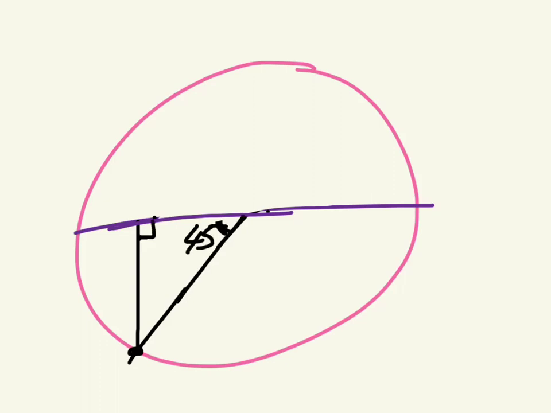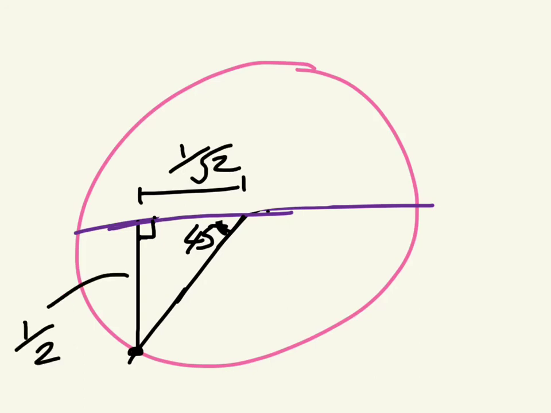So that guy is 45. So, for an angle of 225, the overness is going to be 1 over root 2. And the height is going to be 1 over root 2. But now, again, this is to the left. So it's actually going to be negative. And the height is down, so it's also going to be negative. Alright. I hope that's helpful.